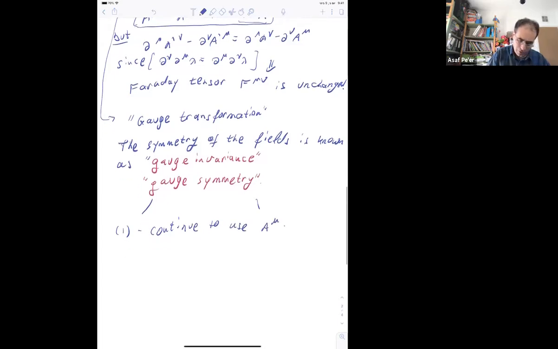This is known as the spurious degrees of freedom approach. The second alternative is to impose an extra constraint and work only with the physical degrees of freedom.